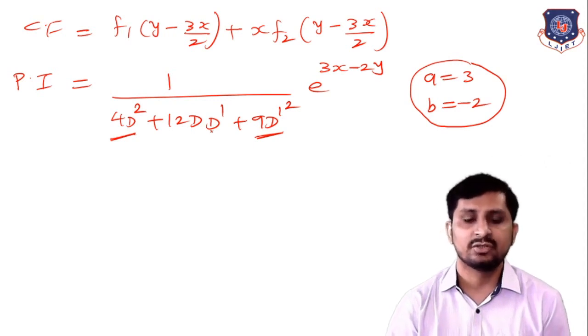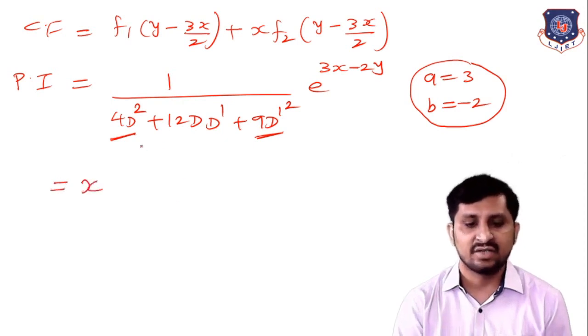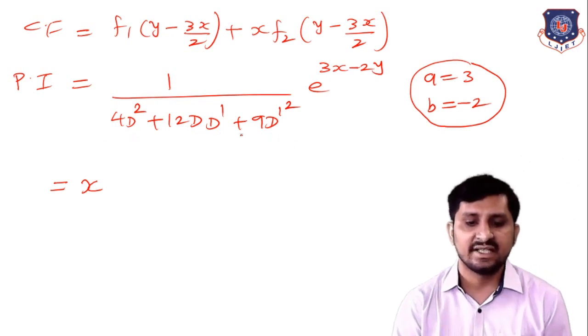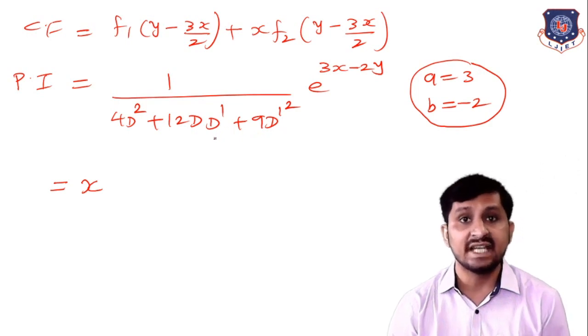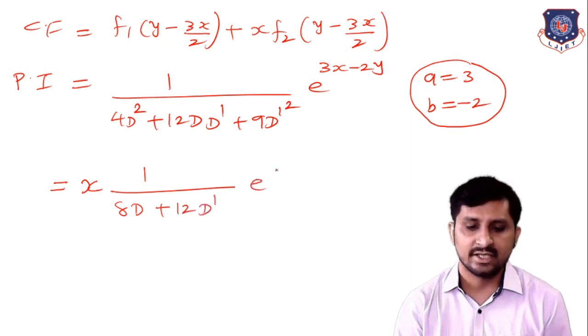So now we have to apply this rule. We have to multiply with x, and differentiate this function 4d square plus 12d dash plus 9d dash square with respect to d. So we get x into 1 upon 8d plus 12d dash, into e raised to 3x minus 2y.